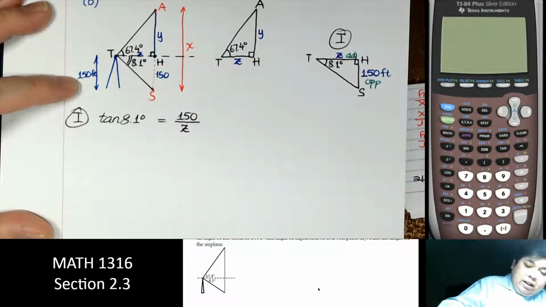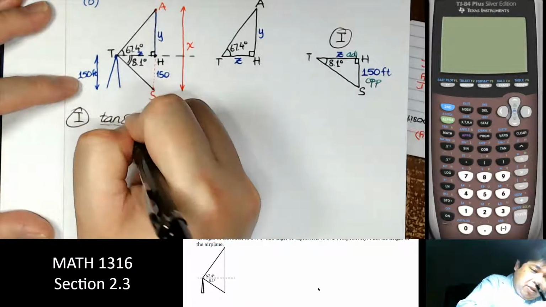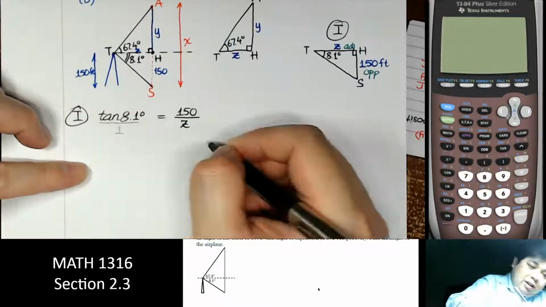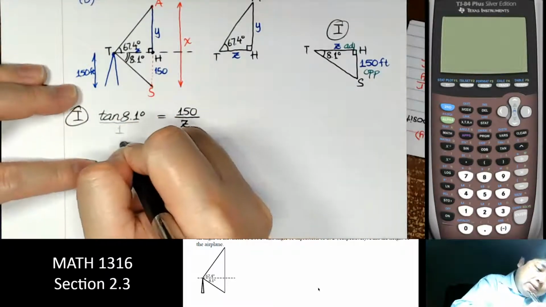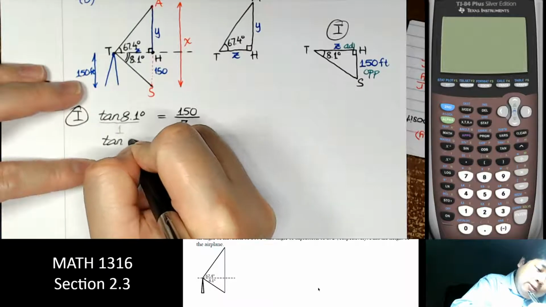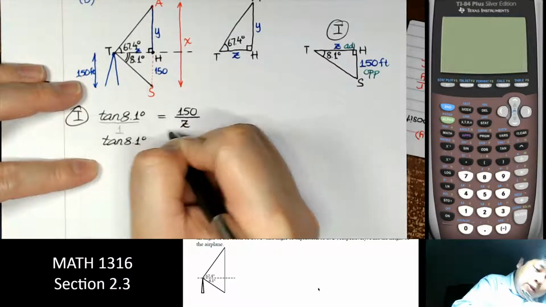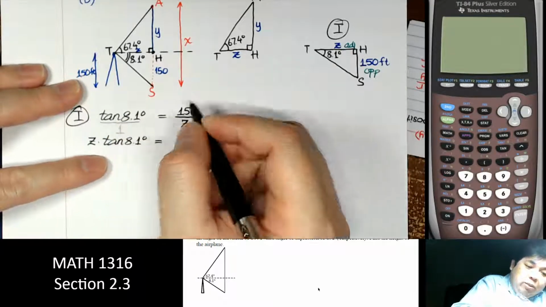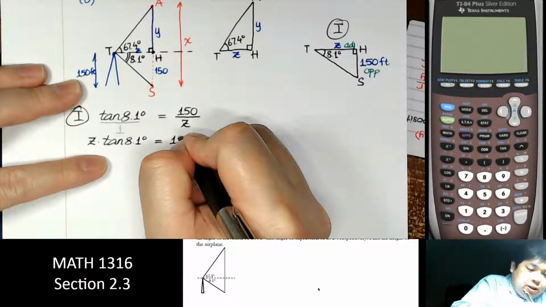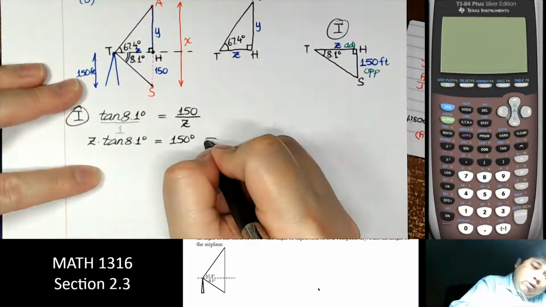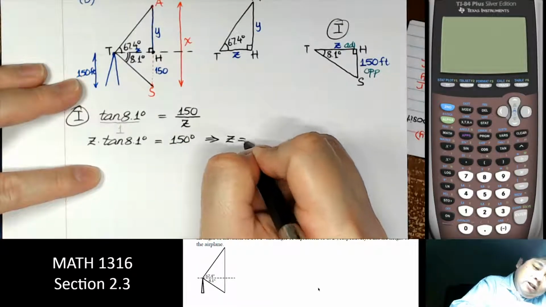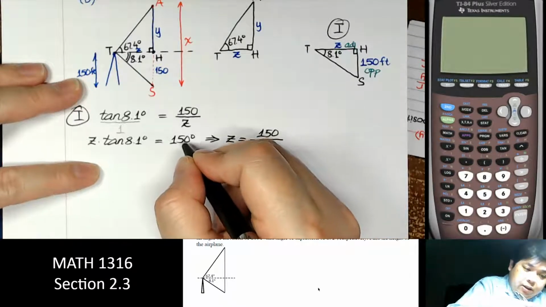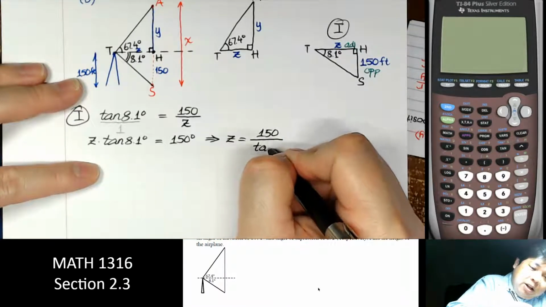And again, make a ratio, cross multiply, Z times tangent 8.1 equal to 150. So we solve for Z, 150 divided by tangent of 8.1.